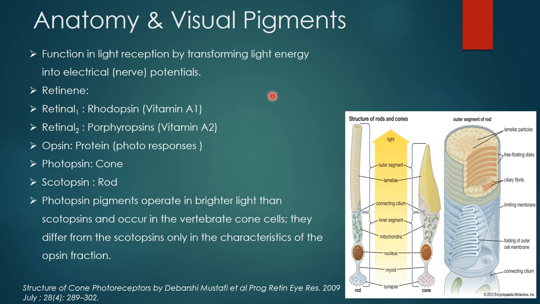Photopsin needs a larger amount of brighter light to be stimulated than scotopsin. That is why, in dim light, rods respond, since they have scotopsin. Even with dim light the rods get stimulated, whereas cones need brighter light, which is daylight, the photopic vision.